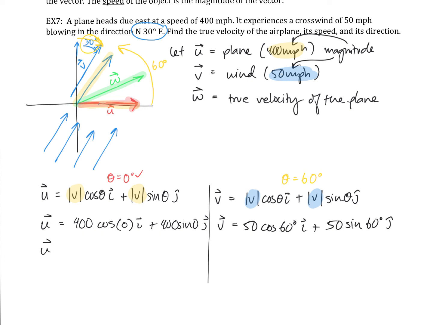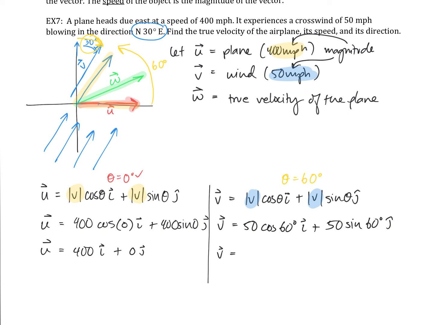Alright, so simplifying this out, what will we get here? We're going to have 400i plus, now you could just write 0, but because we want to always have i and j values, we're going to write out the 0j. So keep that in mind. If you ever have a j value, just still stick to writing the 0.